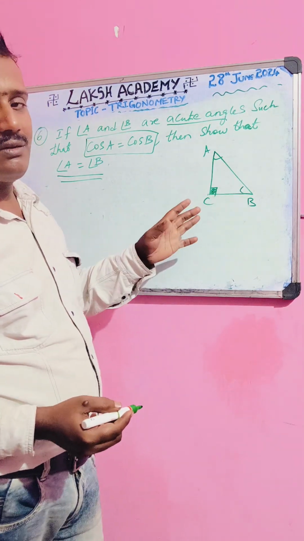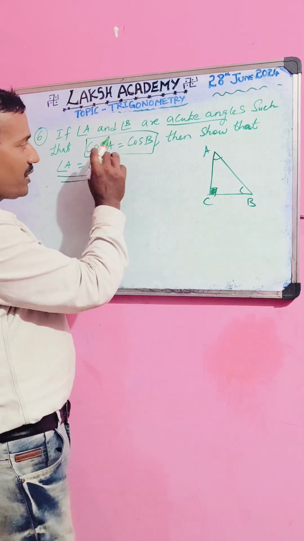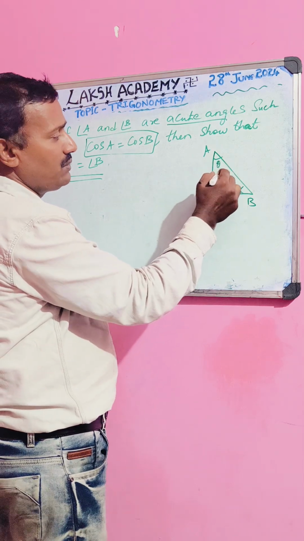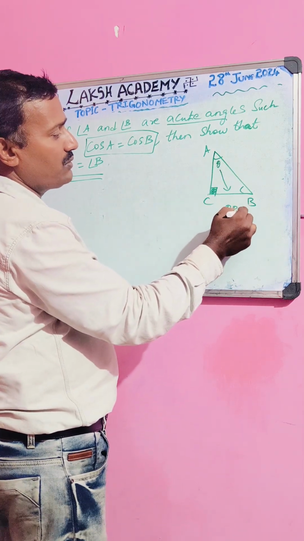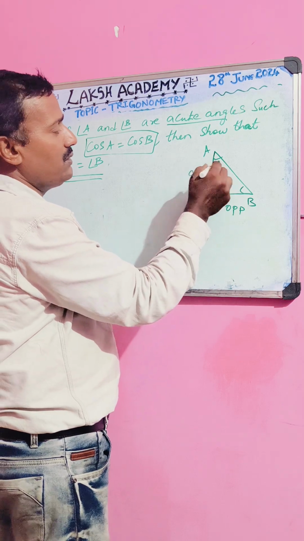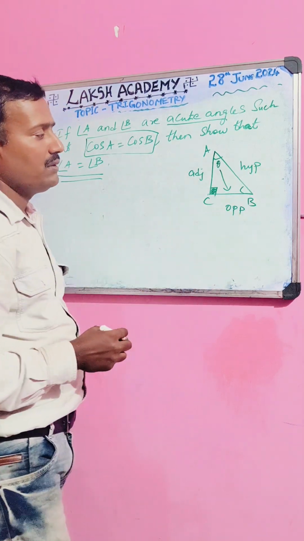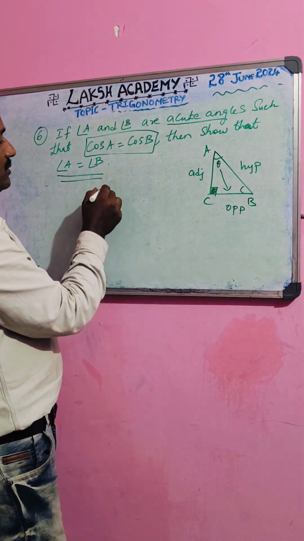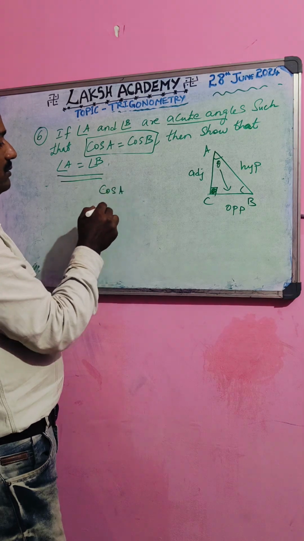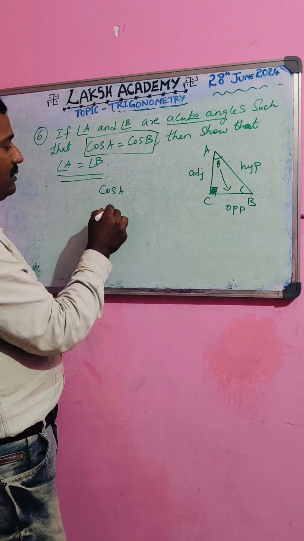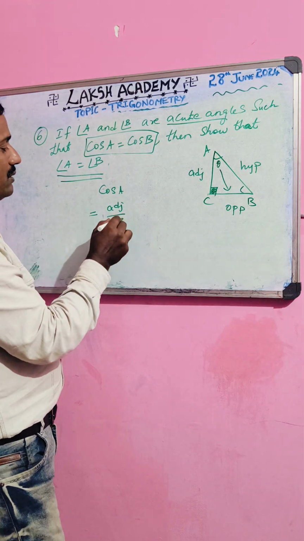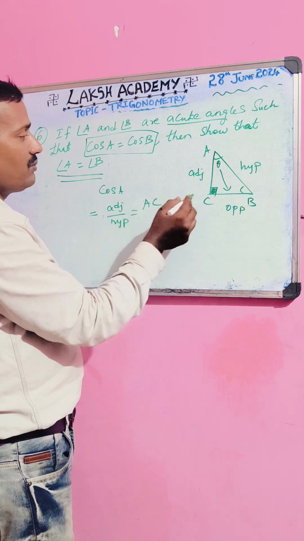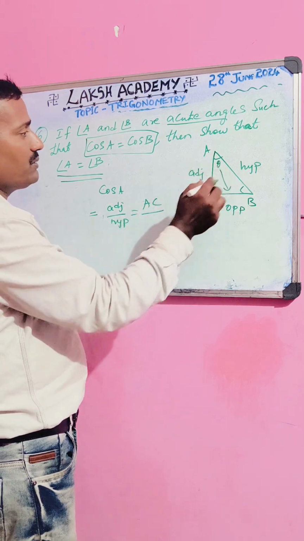Now they have given cos A. For this angle, this is the opposite side, this is the adjacent side, and this is the hypotenuse. You have to remember cos means adjacent by hypotenuse. So cos A equals adjacent by hypotenuse, which is AC by AB.